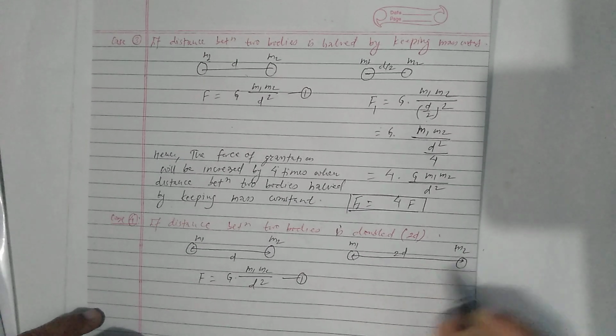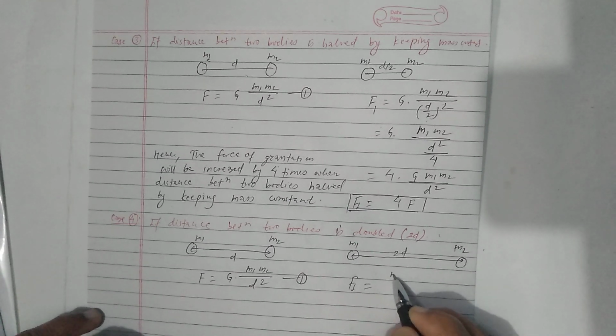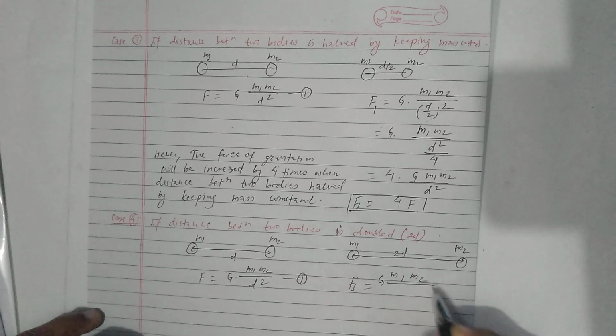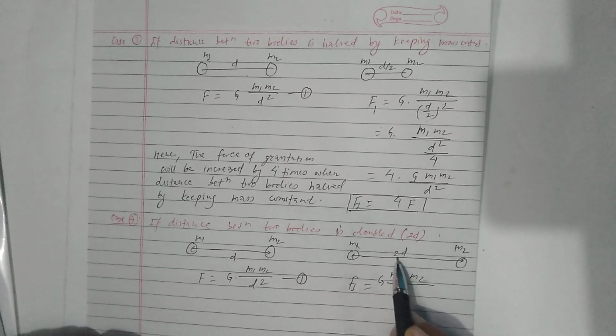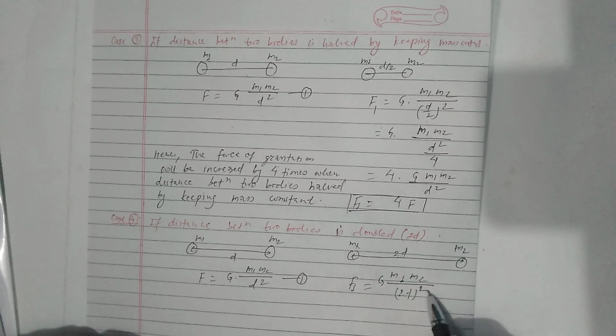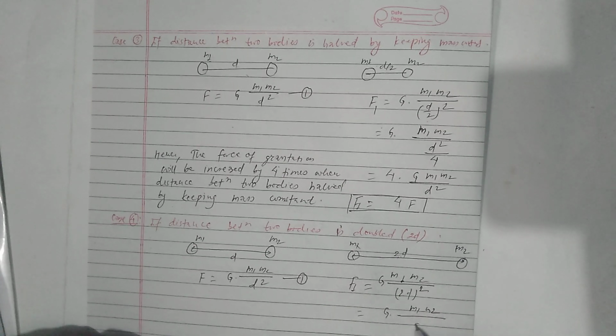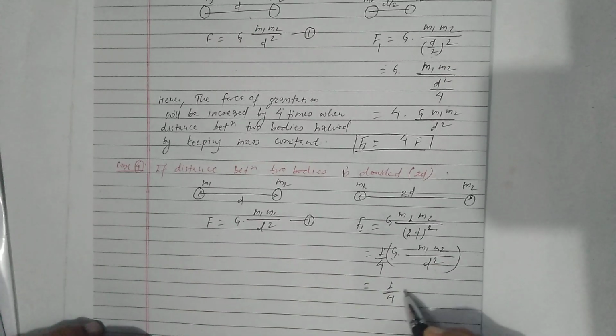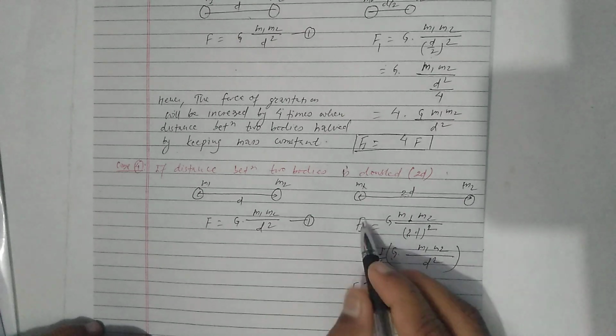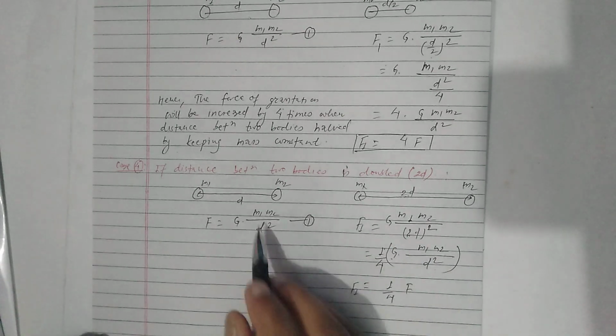There is no change in m1 and m2, so we keep them constant, but the distance is 2 times, so we have to write 2d whole square. So this value becomes G m1 m2 upon d square, but here 2 square means 4, so we keep that outside, and this value becomes 1 by 4 times F. So the new force will be 1 by 4 times the previous one.